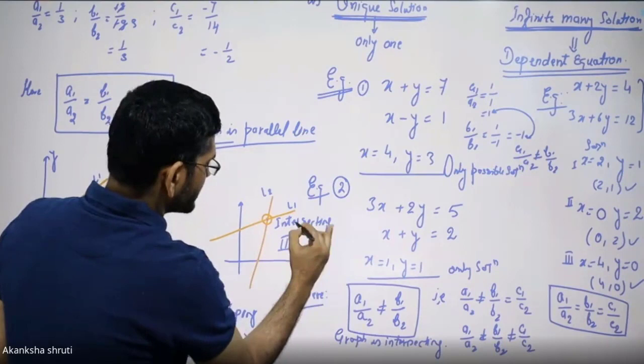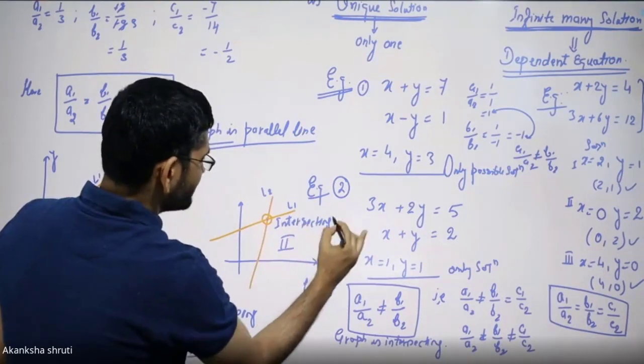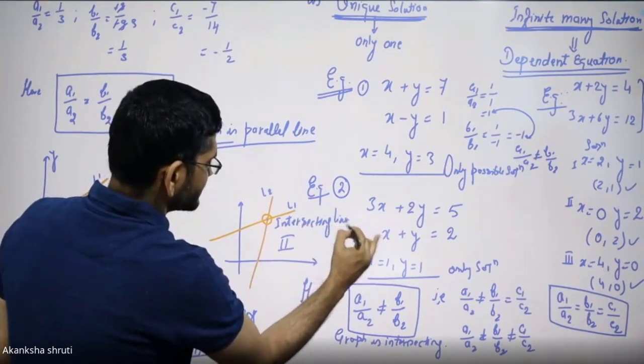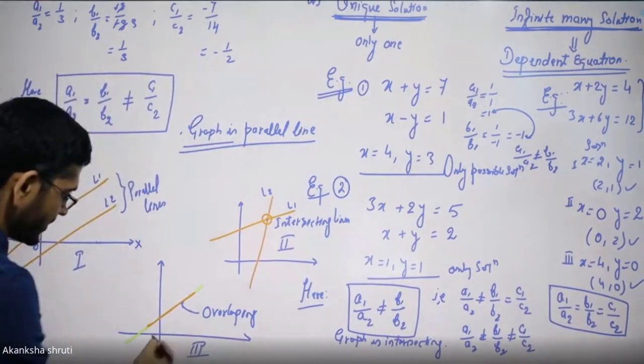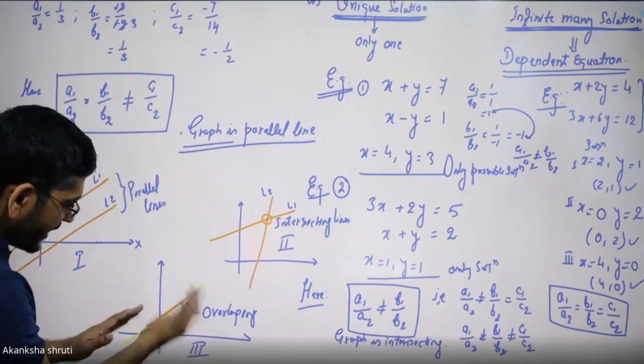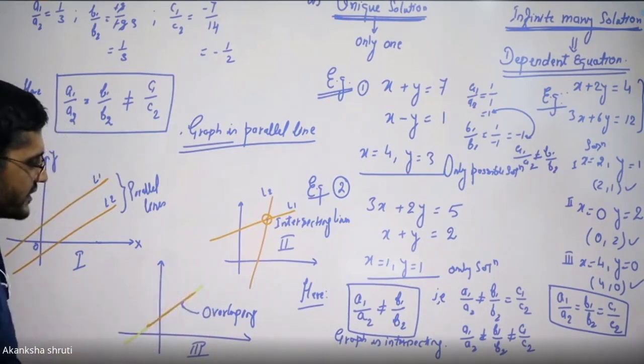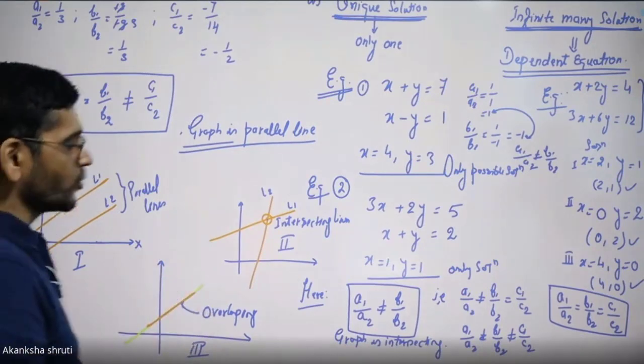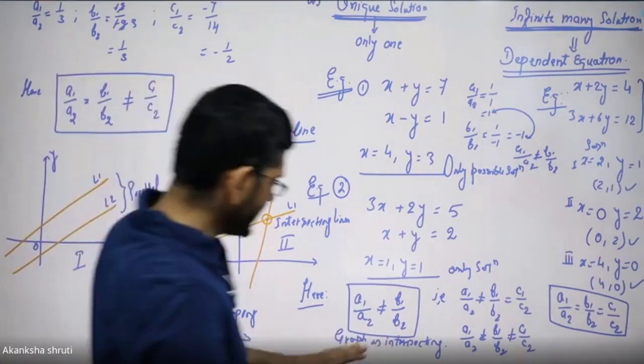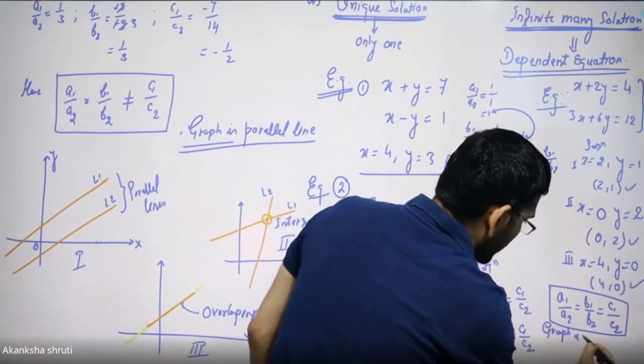Intersecting graph or lines. The third situation, where they are not different, that's why one of the graphs lies over the other, is called overlapping. So right here, the graph is overlapping.